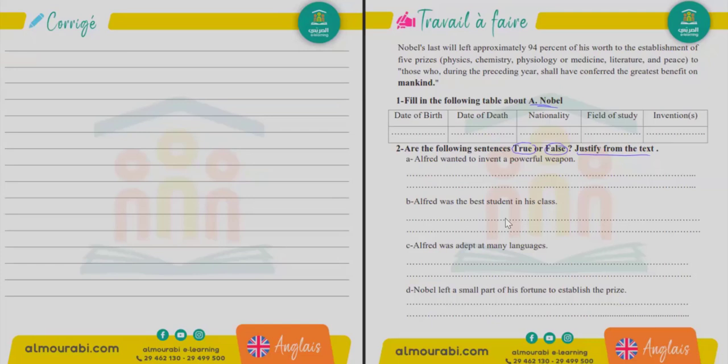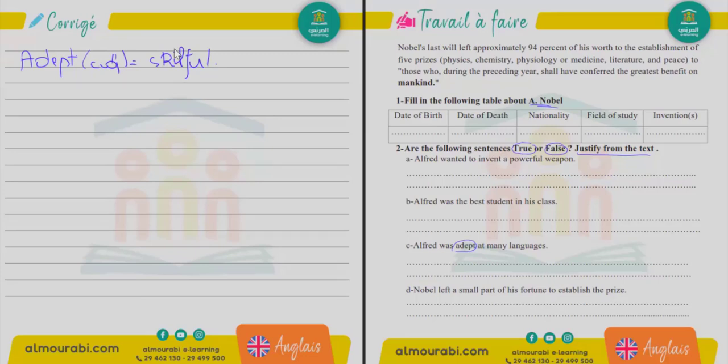We'll see if he was the best student in his class or not. Next one. Alfred was adept at many languages. We saw adept in Alexander Graham Bell's lesson. That's an adjective. If you are adept at, this is simply skillful. We'll see if he was skillful or not.